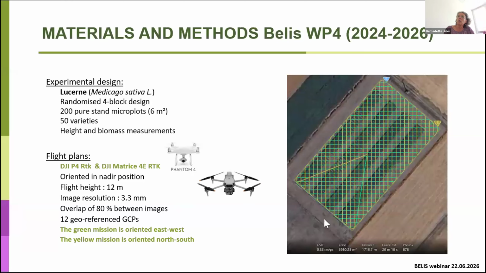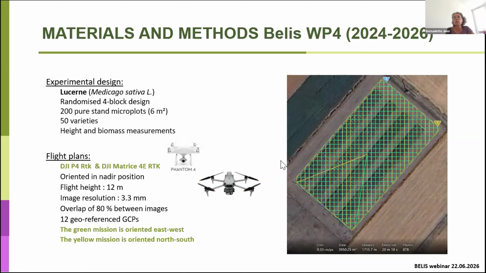We have done a similar analysis with a new trial in the BELIS project for work package 4. The experiment was sown in 2024. It is more or less similar, but this time we have a 4-block randomized design with 200 pure stand microplots and 50 varieties.